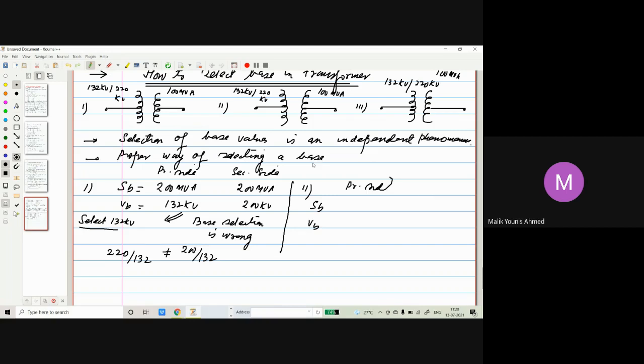I'm sorry. This is primary side and this is secondary side. Here I have used SB as 100 MVA.